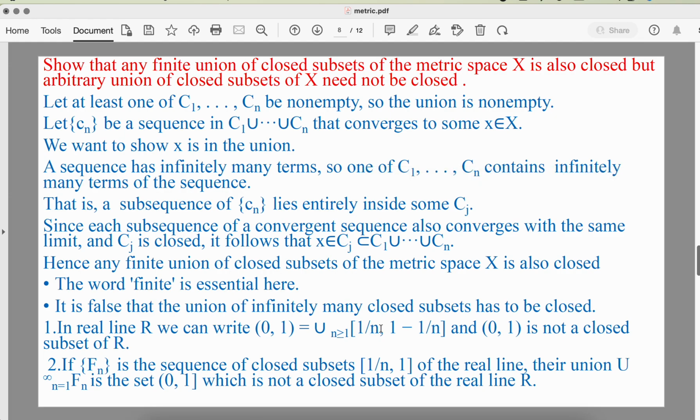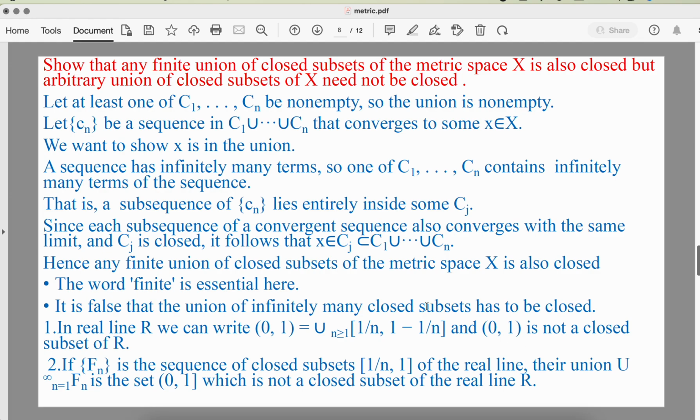Clearly, as n tends to infinity, 1/n tends to 0, and 1 - 1/n tends to 1. So we can write the open interval (0,1) as the union of closed intervals [1/n, 1 - 1/n], where n is greater than or equal to 1. And (0,1) is not a closed subset of R. It means an arbitrary union of closed subsets need not be closed because it is open here.